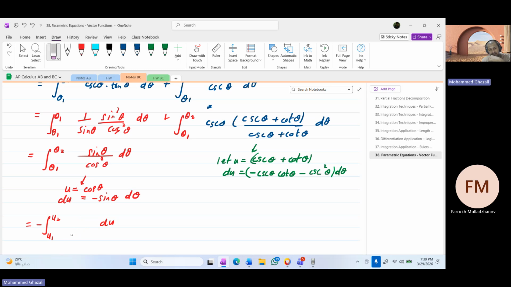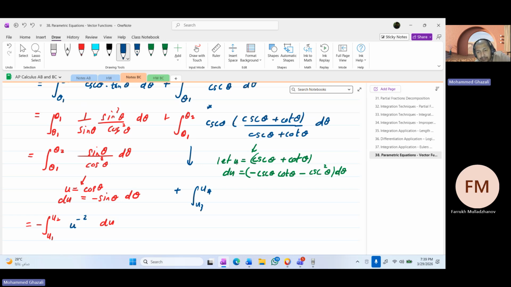Make sense? So this is the power rule. Easy to integrate. But what about the second integral here? Let's call it u3 and u4, because different values here.